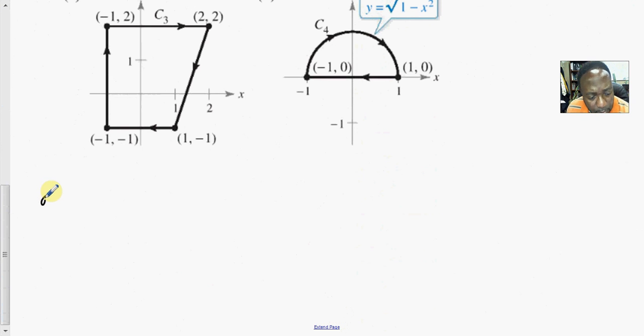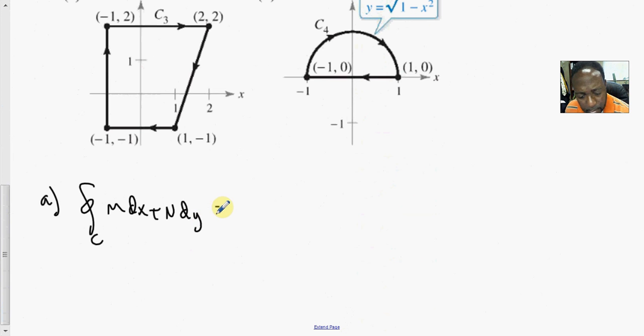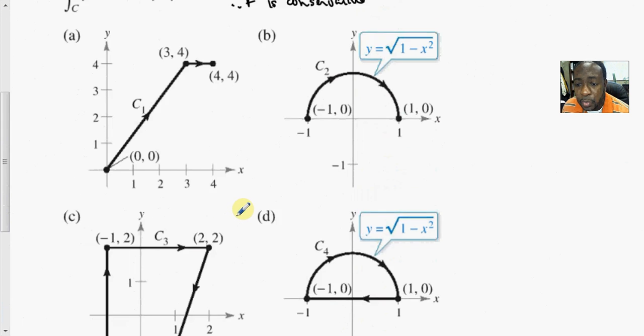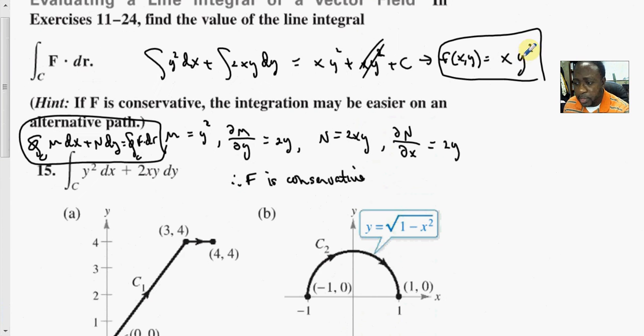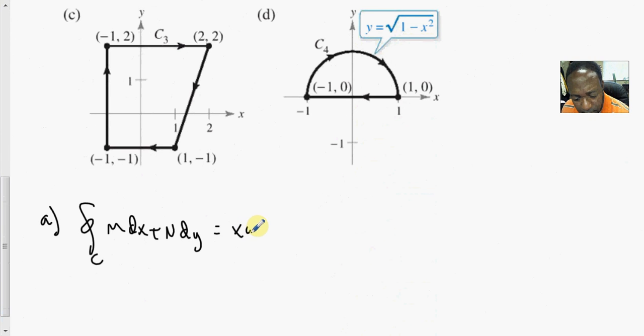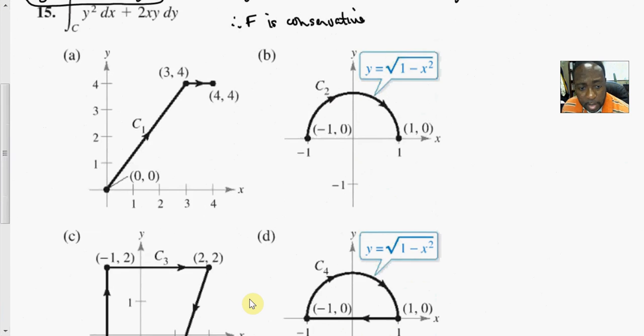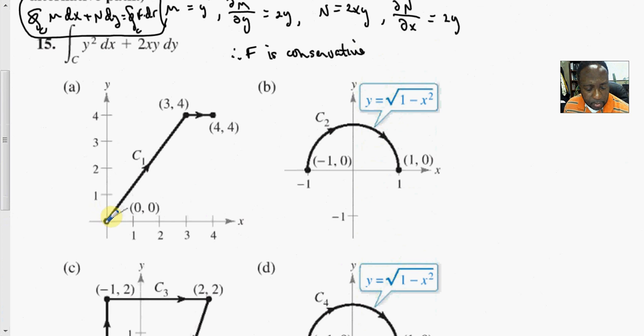So part A, the line integral of m dx plus n dy is equal to the potential function, x y squared, where x and y go from 0, 0 to 4, 4.